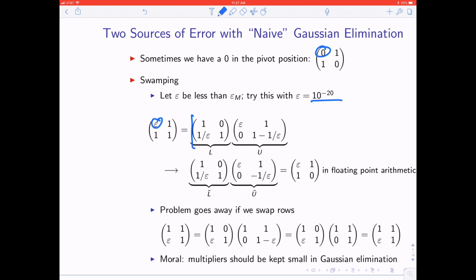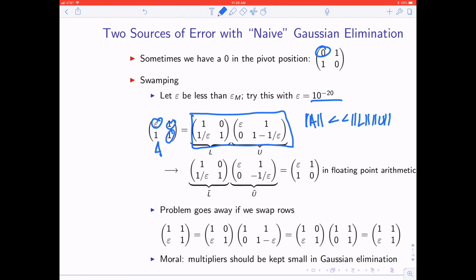And the LU decomposition turns out to be this. And one thing to notice that we'll come back to later is that the norm of A turns out to be much less than the norm of L times the norm of U. Say we take the one norm of these matrices, which is the maximum absolute column sum, then for the matrix A, we get something like 2, since 1 plus 1 is bigger than 1 plus epsilon.